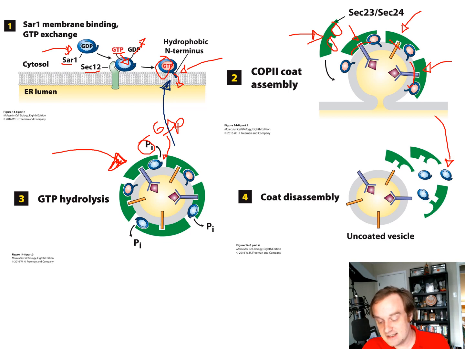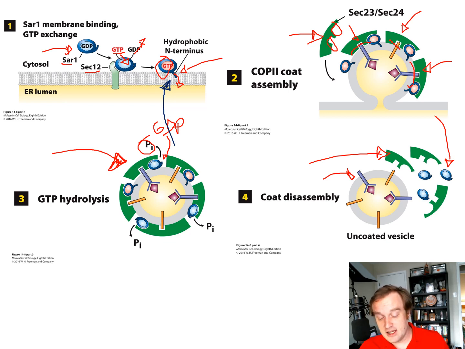And when it does that, it also releases all those coat proteins, because the only thing those coat proteins are bound to very rigidly is SAR1. They are bound a little bit to these transmembrane proteins, but not enough to hold it in place when there's this conformation change. And so this all falls apart.